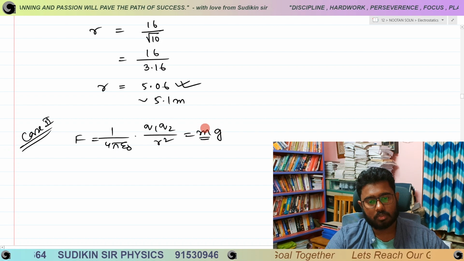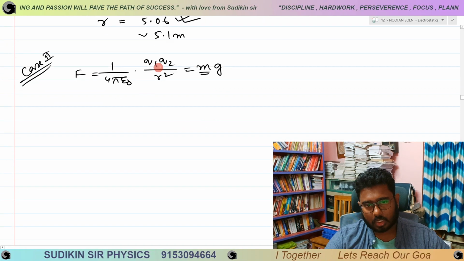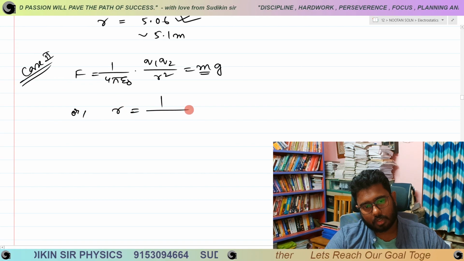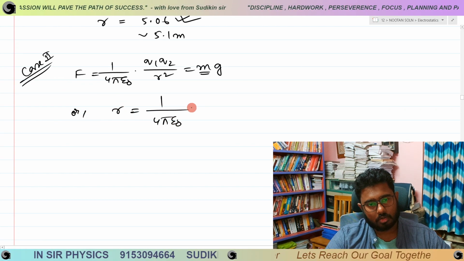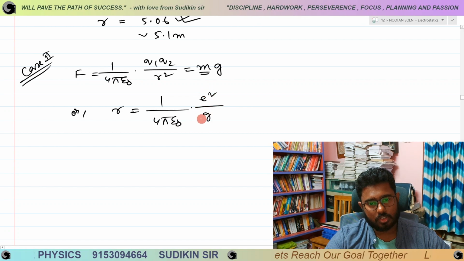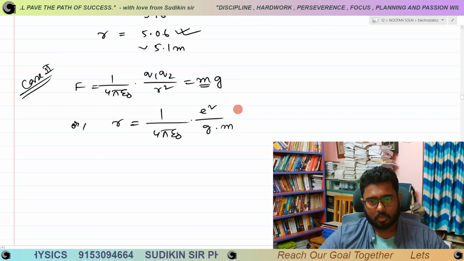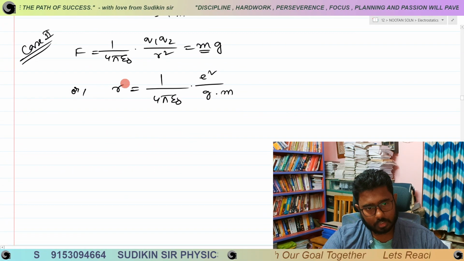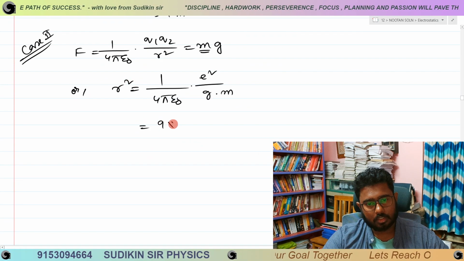Here the mass is only replaced by the mass of the proton, because the charge remains the same. So r will be as usual 1 by 4 pi epsilon naught q1 q2, that is e square, by g into m. Now everything will be the same, only one thing will change, that is the mass of the proton.